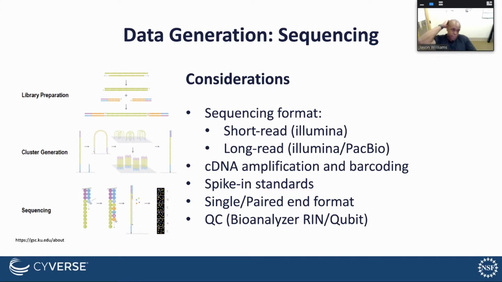The next thing is that the sequencing is going to happen. I think that's fairly straightforward nowadays with things like Illumina. If you're using long reads, you may be using PacBio, you may be using now Nanopore, which opens up a whole other range of how you might do this digital gene expression analysis. But these are all things that you may want to think about, particularly things like standards.